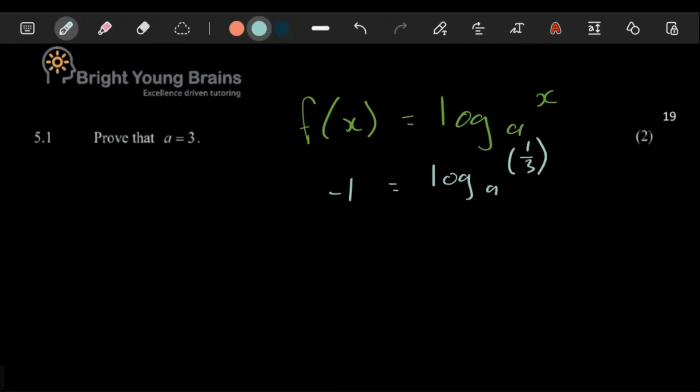So the way you reshuffle this, from logs, to get rid of a log, you will have to eventually end up with an expression where you have an exponential setup. So for example, this will be your base, this will be the exponent, and then this will be the value on its own. So your base here, which is a to the power of -1, is equal to a third. This will be the value that your exponent is equal to, like your base and your exponent.